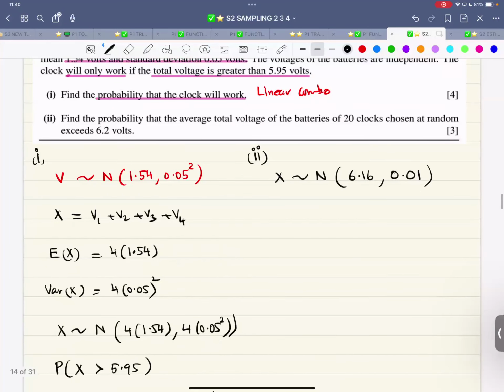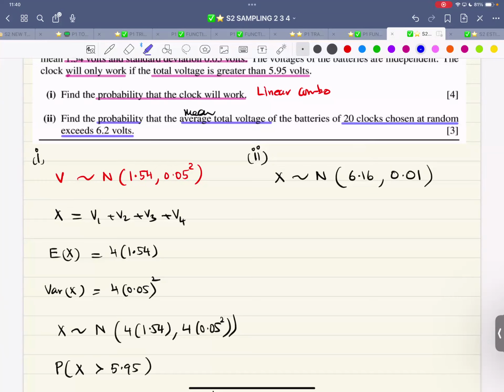Now, let's look at this part. It says find the probability that the average total voltage. It's kind of a contradiction: they're talking about total, but they're talking about average. That means they are talking about the mean total voltage of the batteries of 20 clocks chosen at random exceeding 6.2 volts.